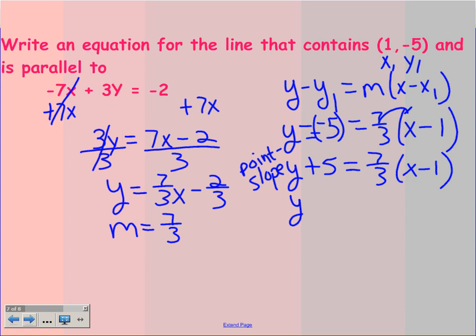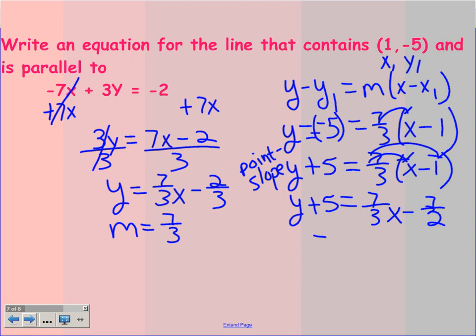Now we're going to go ahead and distribute. To get rid of the parentheses, we end up with 7/3 x minus 7/3, or I can change that into 2 1/3. So for now, I'm just going to leave it as 7/3, and then we can finish that at the very last step. From here, we're going to get our y by itself.